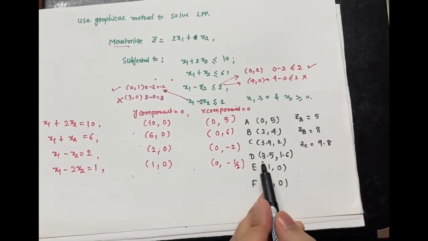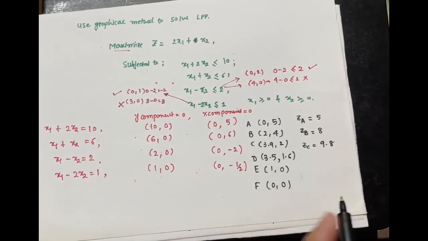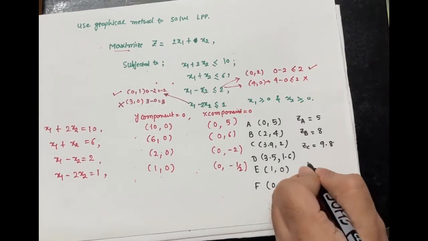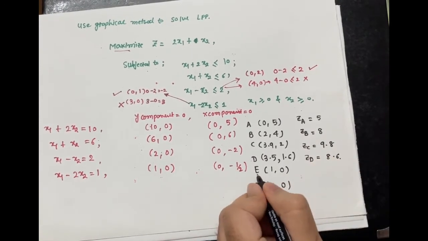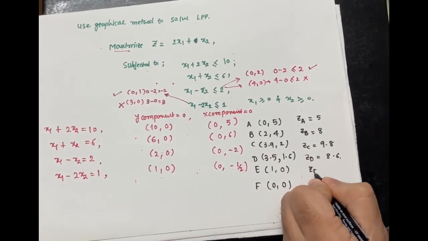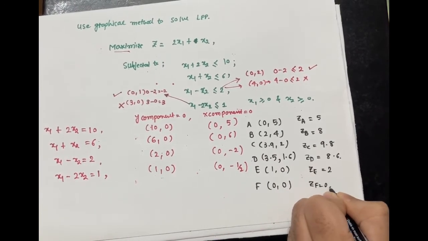For D, 3.5 and 1.6, so 3.5 into 2 is 7, plus 1.6, that is 8.6. For E, that is 1, so 2 into 1 is 2, and ZF is 0.